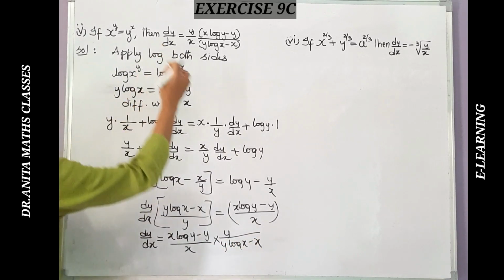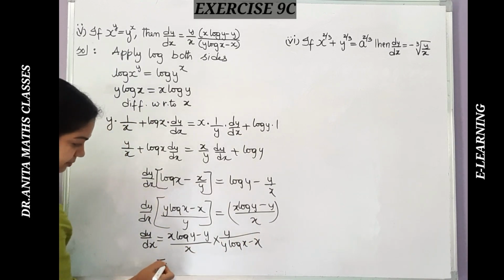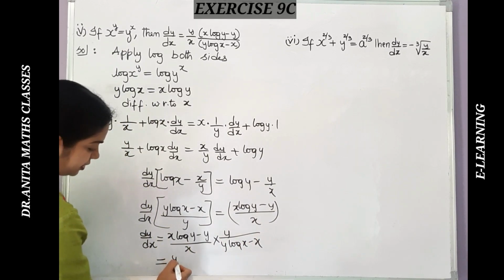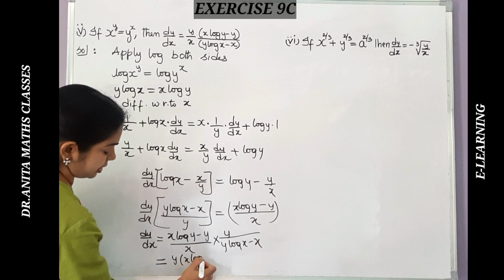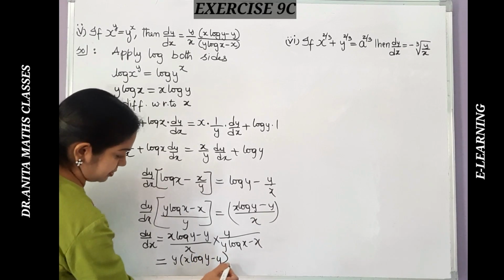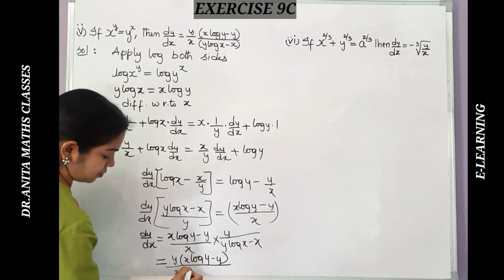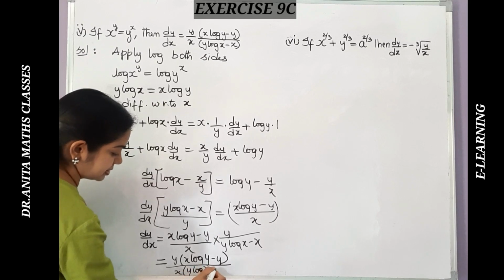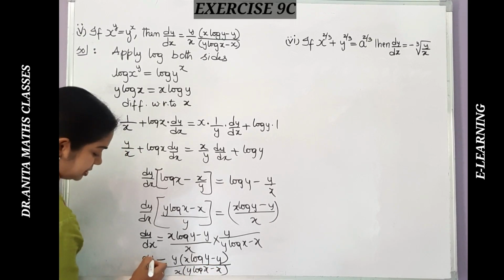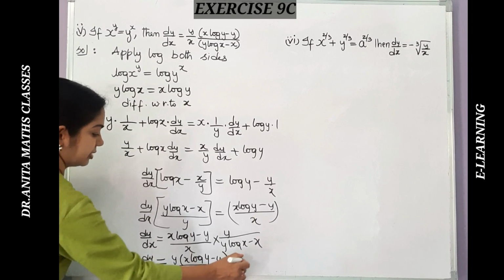So this is what we wanted. We will write it in the simplified form here: y into x log y minus y, by x into y log x minus x. So this is the final answer for dy upon dx.